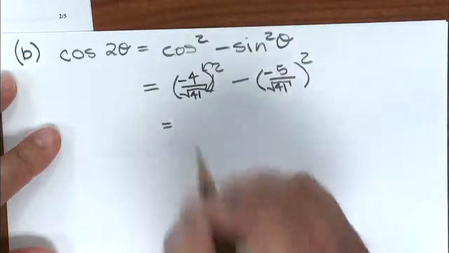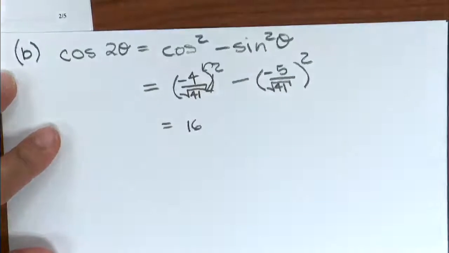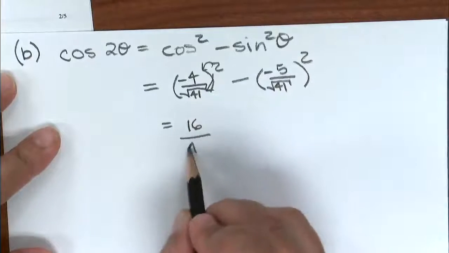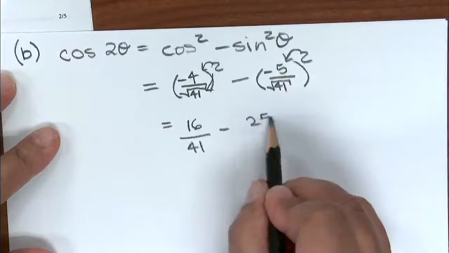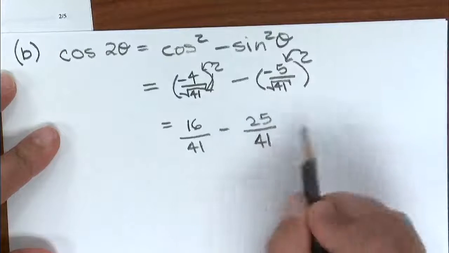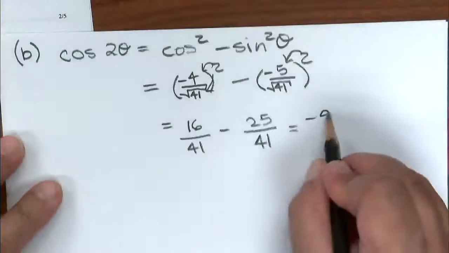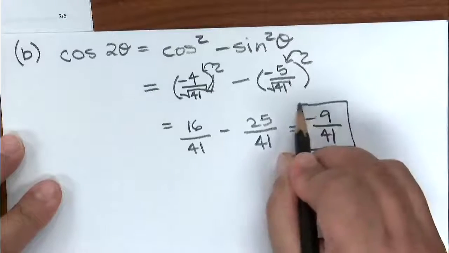No matter what you square, negative or positive, it always comes out positive. When you square the radical, it comes off, and you get a 41. Squaring the top, you get a 25. Squaring the bottom, you get a 41. Pull them together, and there's the answer for part B.